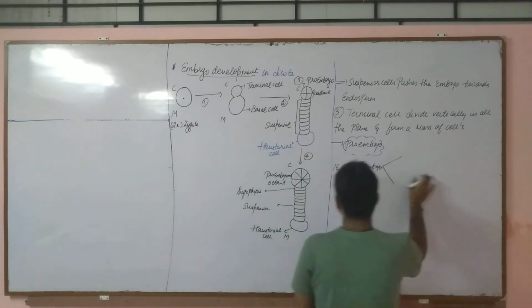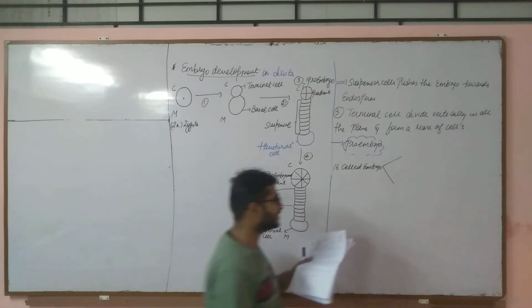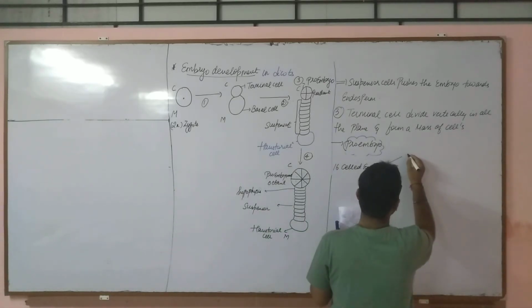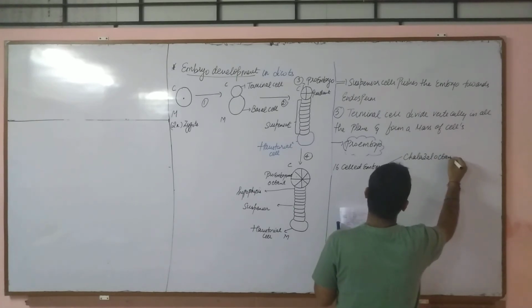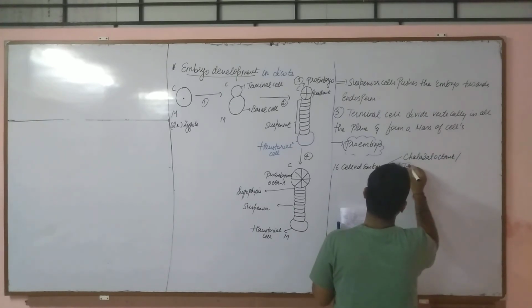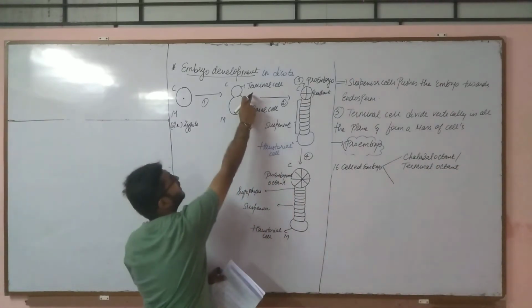The one which is located towards the chalazal end is called the chalazal octet, or you can also say terminal octet, because initially the cell was terminal.